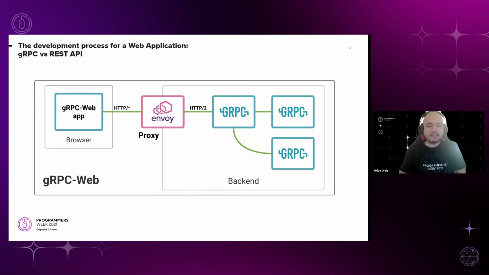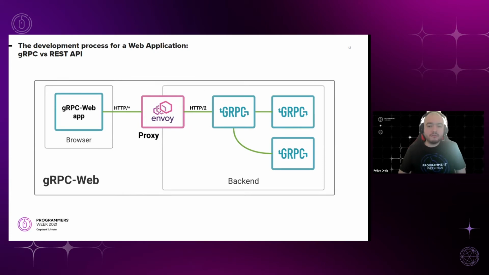Well, since browsers don't support HTTP/2, at least not to the full extent of what is expected for gRPC, we need to come up with a solution much as we see in this diagram. We need to proxy all of our RPC calls via Envoy to gain access to our RPC methods.